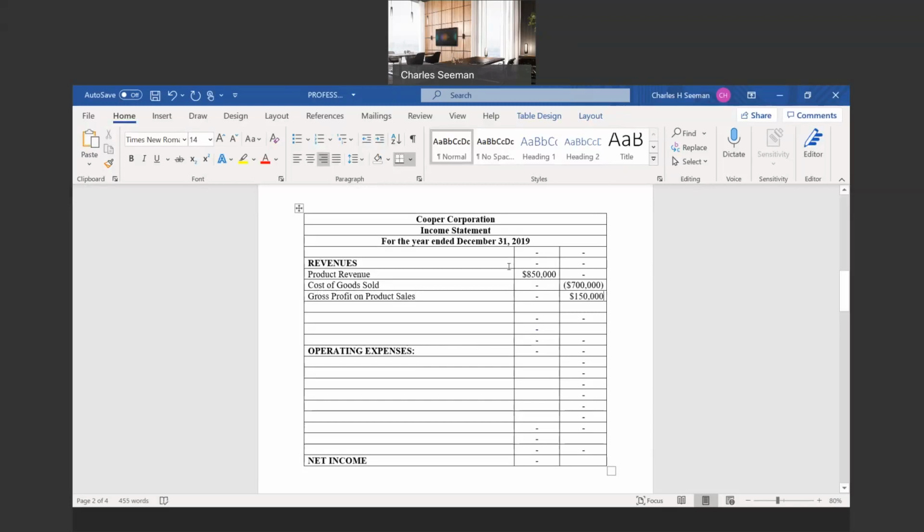Now I simply took this number, the 850, and subtracted 700,000 from it to get the 150. So 850 minus 700,000 is the 150.